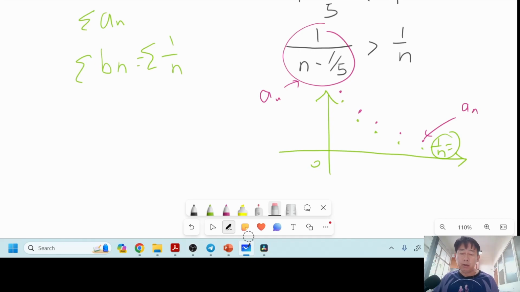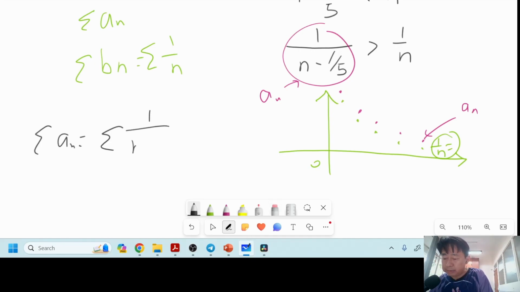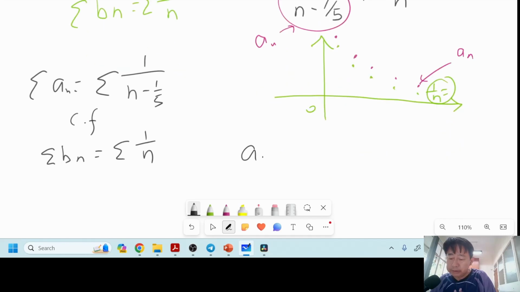Therefore, we compare the An series, which is expressed as this expression, CF stands for comparison, with the harmonic series Bn, which is written in this form. The term An is term by term larger than or equal to the corresponding term in the harmonic series, and at the same time we also know that the harmonic series Bn here diverges.